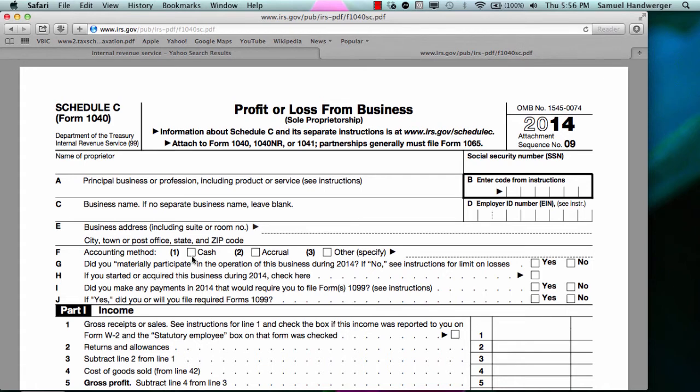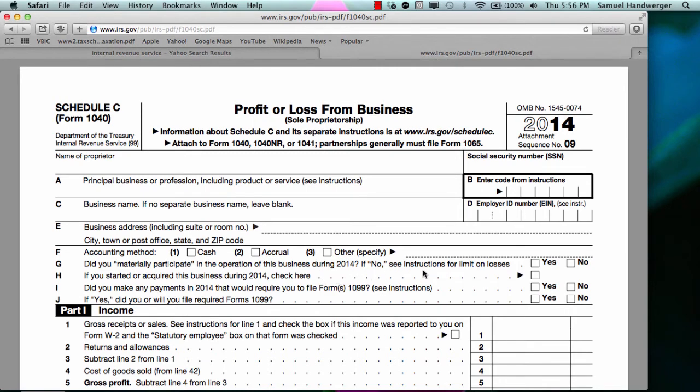By checking the box, that's how you've made your election. That's how you tell the IRS, my election is to be a cash method basis of accounting business, and by checking the box here, my election's done. I don't have to do anything else. I don't have to attach any specific statements or forms. The election is done just by checking which box you're going to follow here.